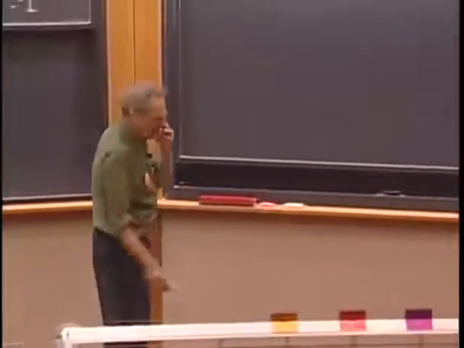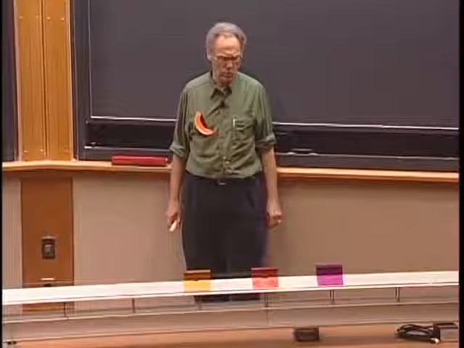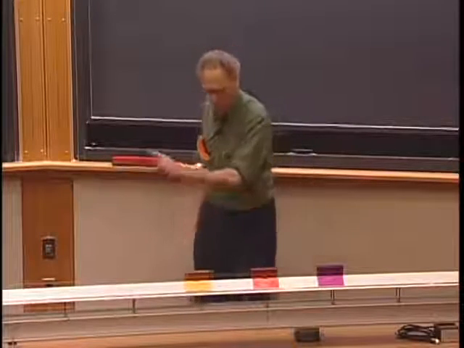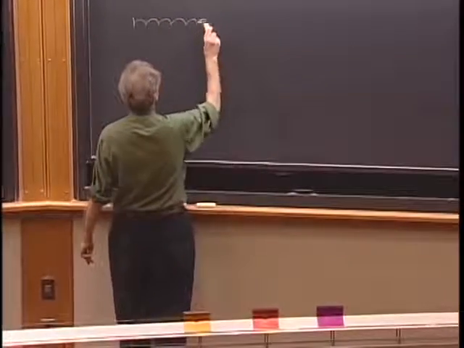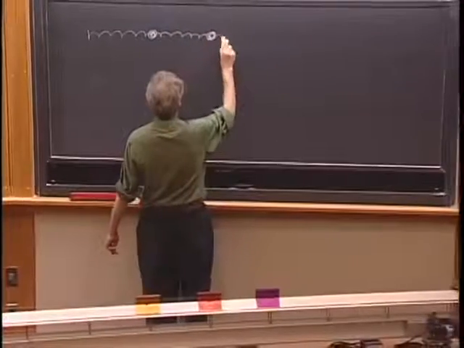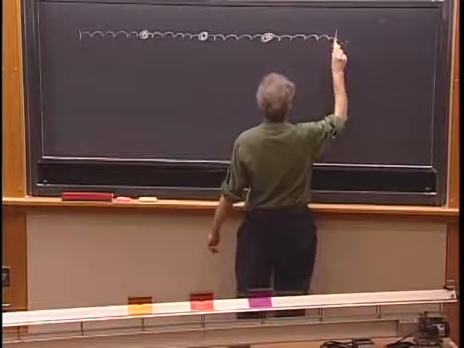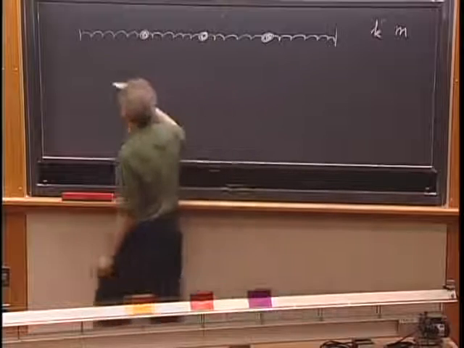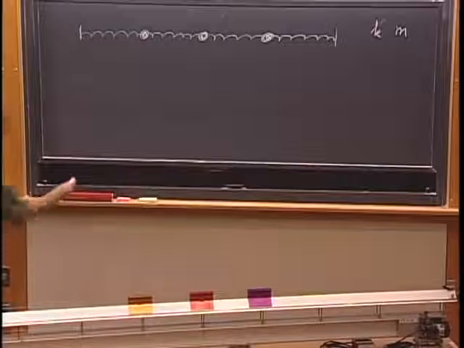So now we're going to evaluate a system which would take you an hour and a half to work out with the general recipe. And that is 4 springs and 3 cars. 1 car, 2 car, 3 car, and all springs have spring constant K, nicely symmetric, you would think, and all objects have mass m.